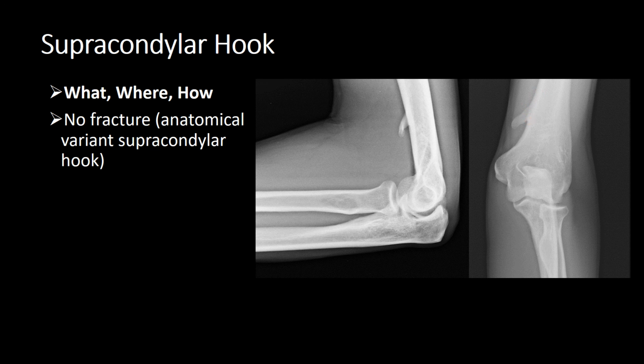These anatomical variations are seen in less than 1% of the population, and those are frequently of Mediterranean origin. You can sustain a fracture through the supracondylar hook, and this may be associated with radial nerve palsy.